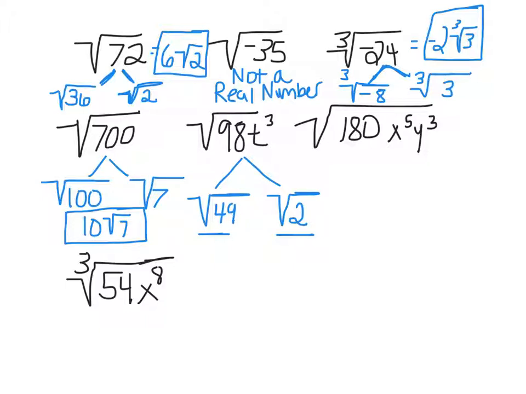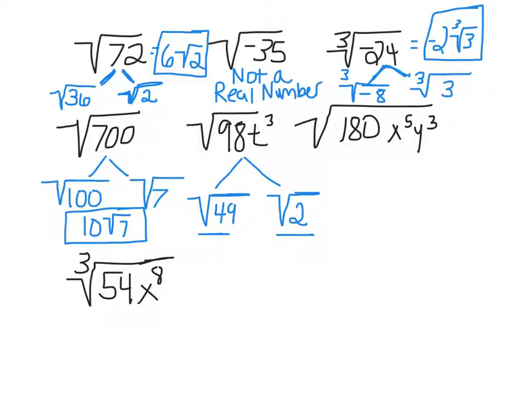Okay? Now this is the first time that we've had a variable. Remember, we said that a variable expression is a perfect power. In this case, it would be a perfect square if the exponent is divisible by 2. Well, in this case, 3 is not divisible by 2.